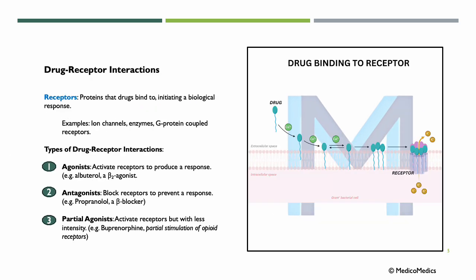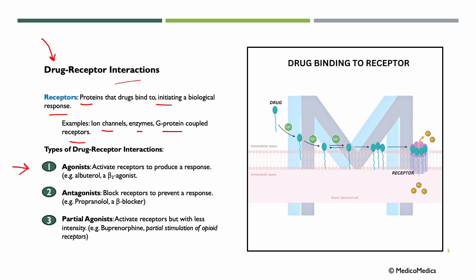Now, moving to another important and fundamental concept is drug-receptor interactions. It describes how drugs exert their effects by binding to specific receptors or proteins that initiate a biological response. And these receptors can be ion channels, enzymes, G-protein coupled receptors, etc. Now, drugs can act in different ways.